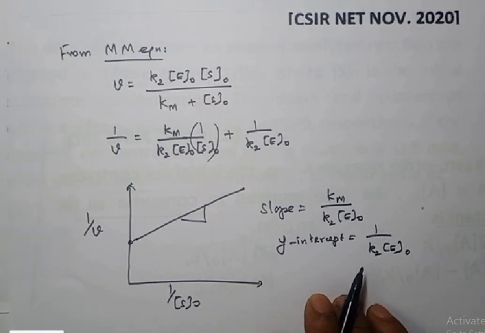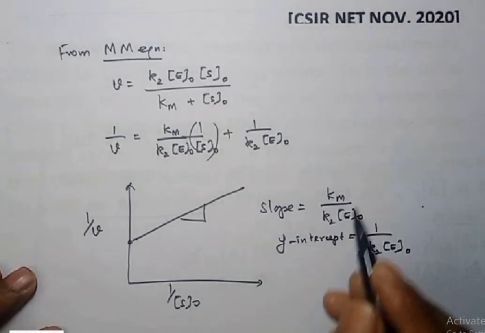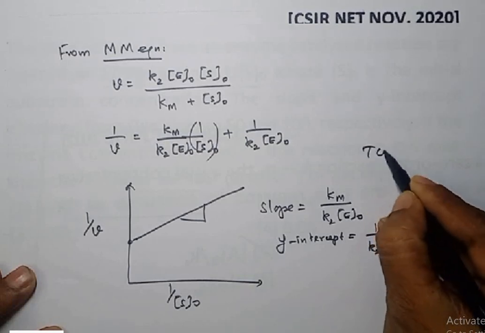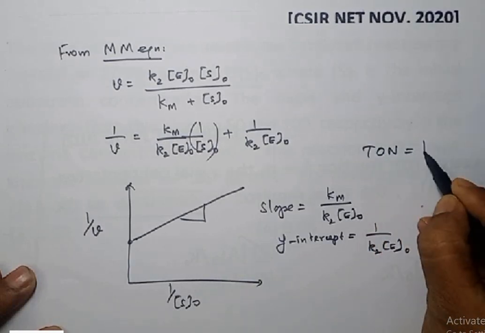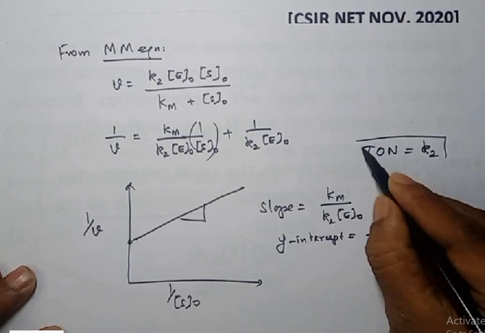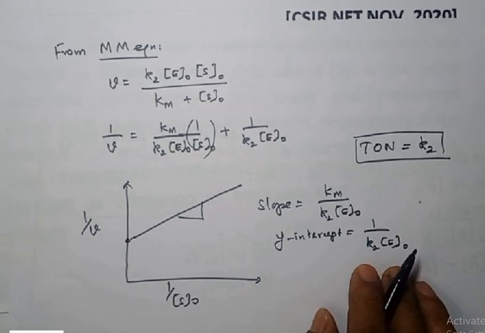What we need to find out is K2, that is nothing but the turnover number. Turnover number TON is equal to K2 of this reaction. K2 is nothing but the rate constant for the product forming step.